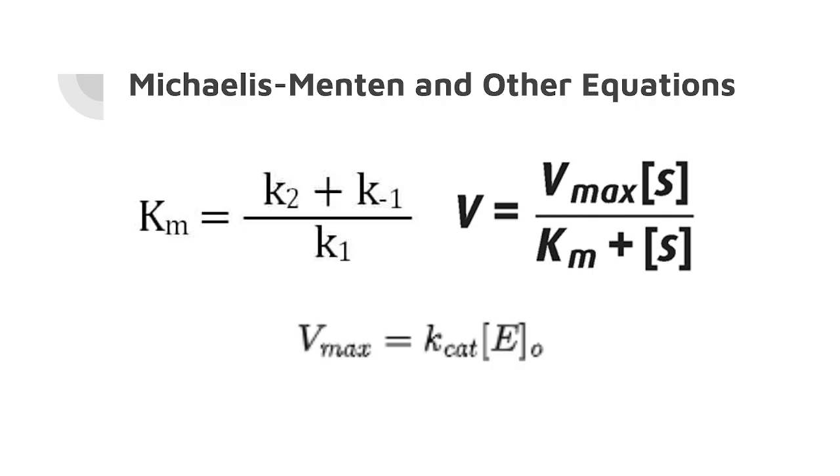The first one is to calculate v, the velocity of an enzyme solution at a certain point in time. We will use Vmax times the concentration of substrate at that point in time divided by Km plus the concentration of substrate, the same concentration of substrate.